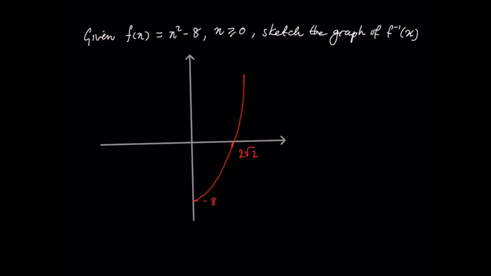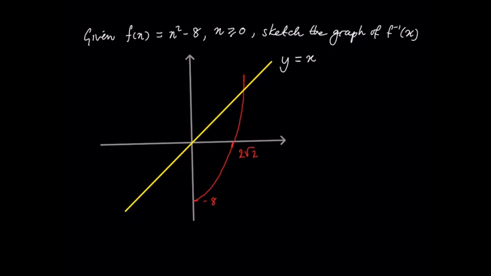Given some function f of x, if we can sketch the function, it's very easy to sketch the inverse, because the inverse is a reflection in the line y equals x. We'll put that on the graph. y equals x. We now have to imagine what the function will look like when it's reflected in this line.